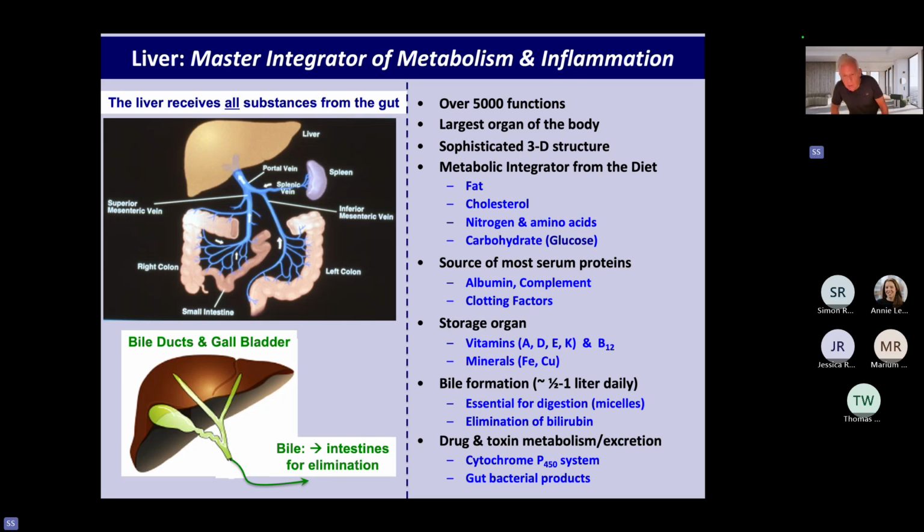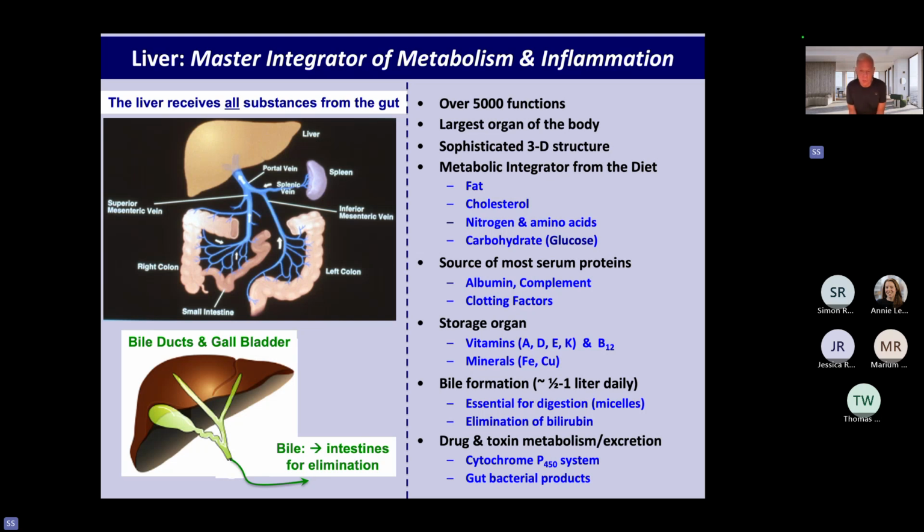Of course, we will deal specifically with problems of heavy metal storage later in the semester, or year, if you will. And it produces bile. Now, bile is produced up to 1 liter a day, which is obviously essential for digestion, the formation of mixed micelles we went through in a previous lecture, and is also responsible for the elimination of bilirubin.